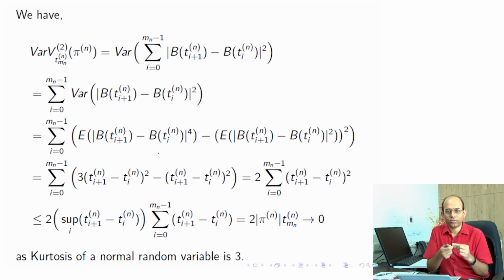And we know that for a normal random variable, no matter what its parameters mu or sigma are, its kurtosis is 3. What does it mean? It means that the fourth order moment is the same as 3 times the variance squared. The variance is t_{i+1} minus t_i, and the square appears here. So this expression is 3 times (t_{i+1} minus t_i) whole squared.